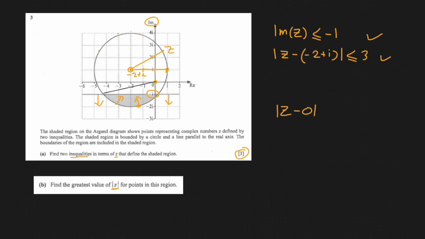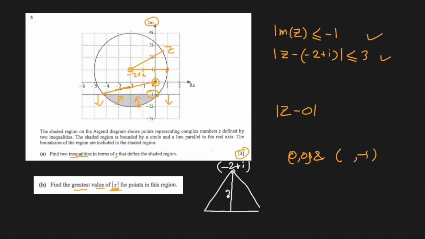That is the requirement. So I'll find the modulus of this line, and that will give me the greatest value of modulus of z. To find that, here's my plan. I will draw this isosceles triangle, whose center is minus 2 plus i. I'm drawing it separately because it will be clearer. We know this distance is 2 units, from the center to this line.